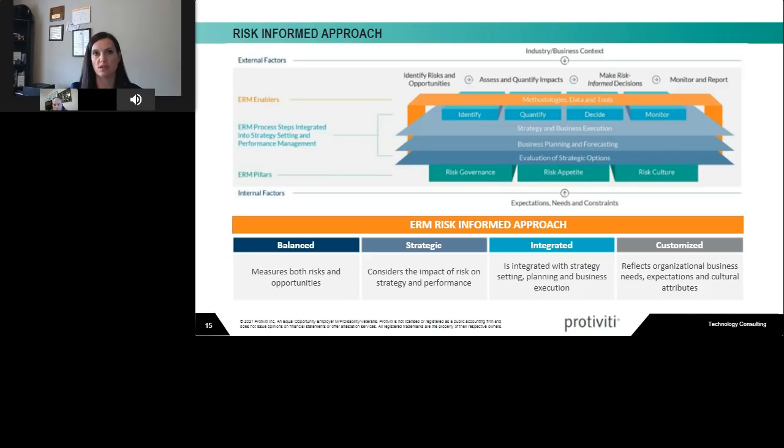Who's sponsoring ERM? What is their appetite for implementing an enterprise risk management program? And the last, but I think one of the most important, is the first step, and that's establishing a governance structure that really defines the roles, responsibilities, and communication patterns from an ERM program perspective.